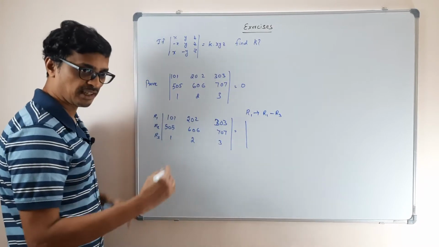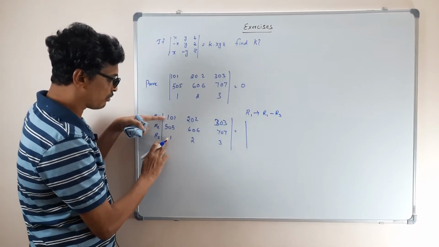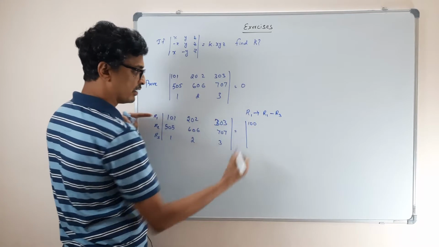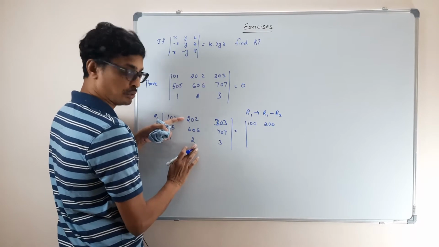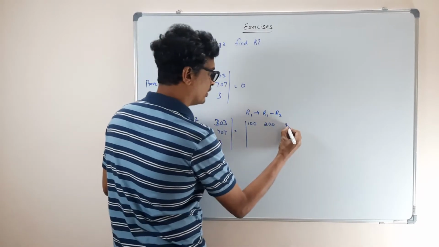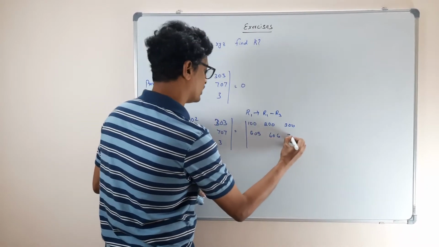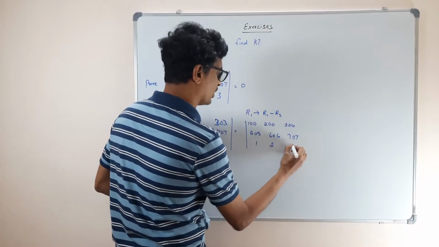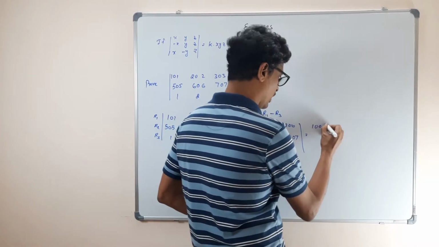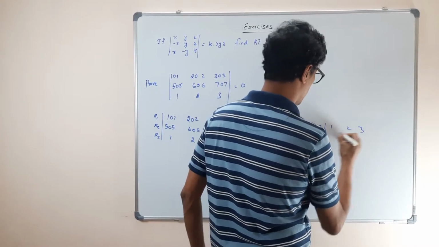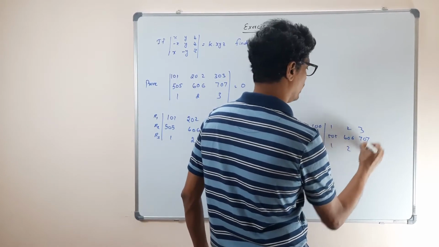You remember that we can do such manipulations. 101 minus 1 makes 100, right? And 202 minus 2 is 200, and 303 minus 3 is 300. The other rows stay 505, 606, 707 and 1, 2, 3. Then take 100 commonly outside. That's what they have done: rows 1, 2, 3; 505, 606, 707; 1, 2, 3, which is equal to 0.